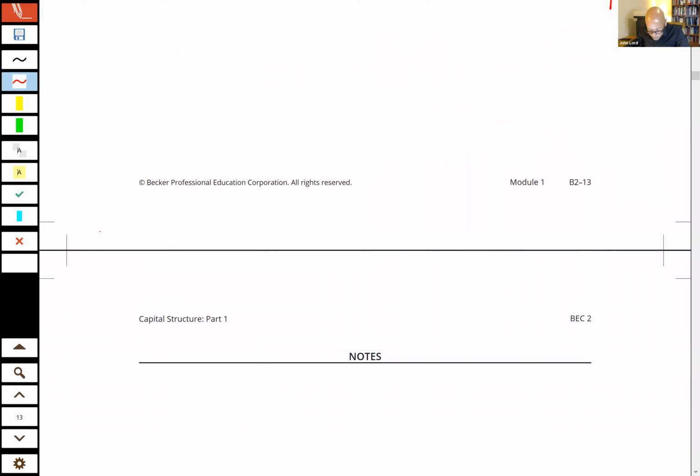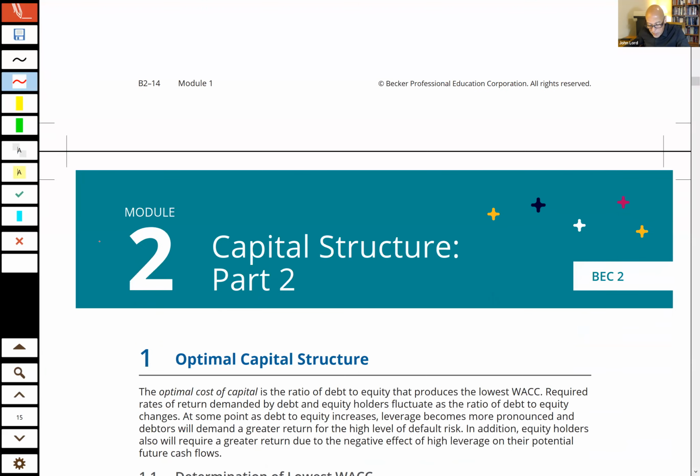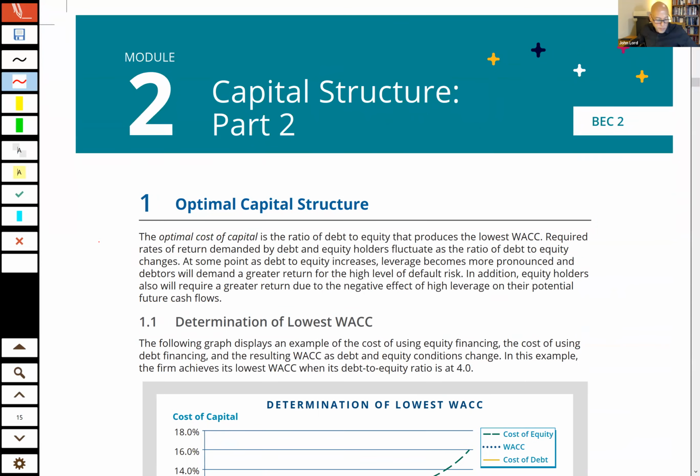Okay, good. So let's take a look now at our second module, in which we're going to come up with the optimal cost of capital. Really, this is a continuation of what we've already talked about. The optimal cost of capital is the ratio of debt to equity that produces the lowest weighted average cost of capital.